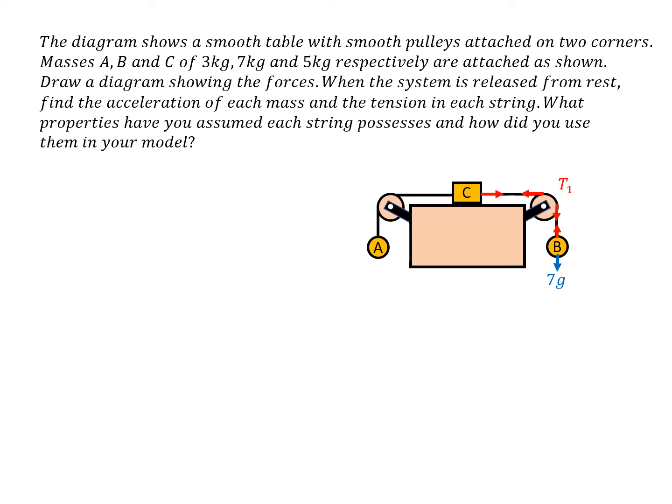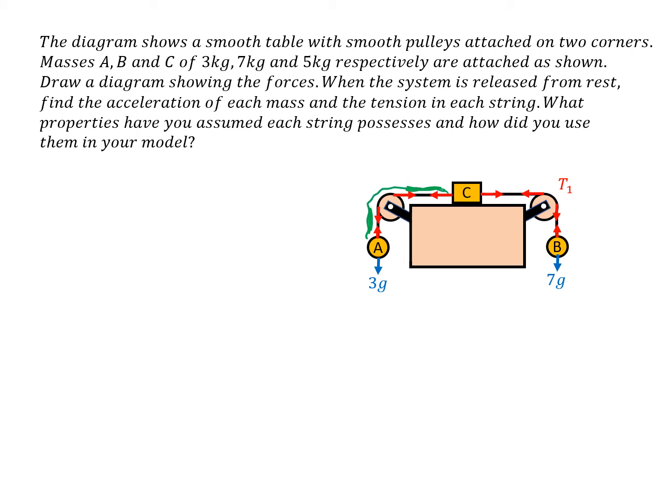So then I'm looking at particle A. A has got a mass of 3 kilos, so it will have a force of gravity of 3g. And looking at the tensions in the string, I've got tensions at both ends of this part of the string and both ends of this part of the string, and it's a continuous string.